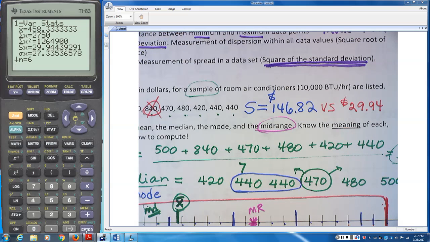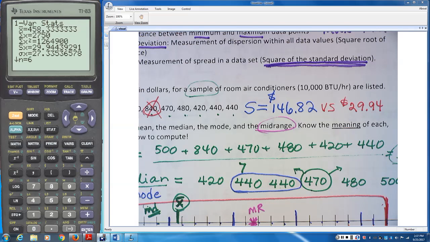Now look at the difference in the standard deviations. When you include the number that's way far away from the others, the spread is huge. And your standard deviation is $146 and change. But if you don't have that one number, if you take out that one number and look at the rest of the numbers, they only vary from each other by about $30.